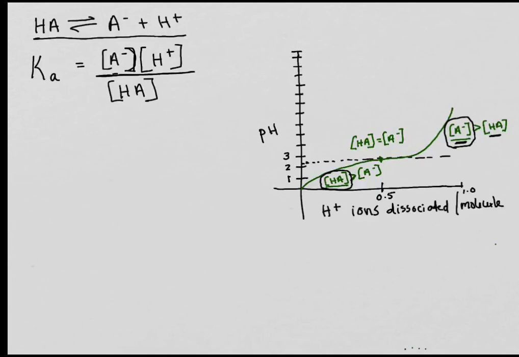So if we solve for H plus, that's equal to Ka times HA divided by A minus. And we now can take the negative log of both sides of the equation.